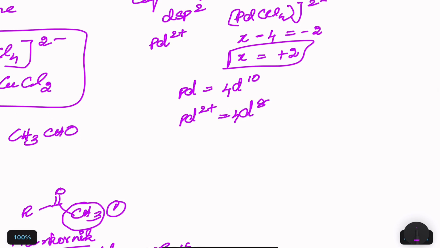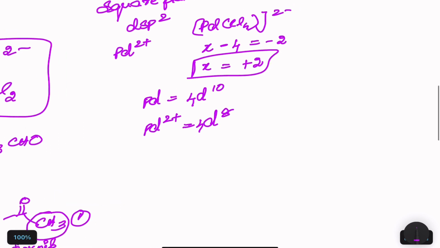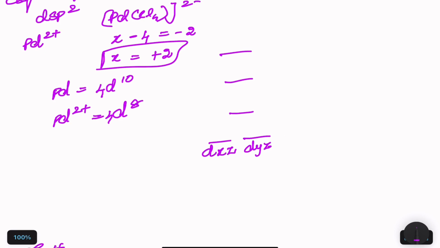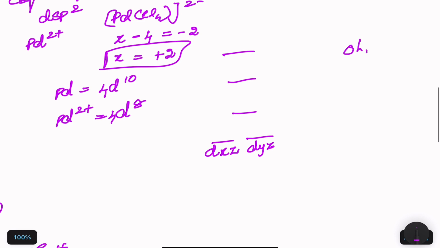Now we have to know whether it is diamagnetic or paramagnetic. Okay. So since it is a square planar complex, it will look like this. Their orbitals will be filled like this. You might have learnt about octahedral, tetrahedral and square planar in coordination chemistry, right? For square planar, this is how these orbitals are arranged.